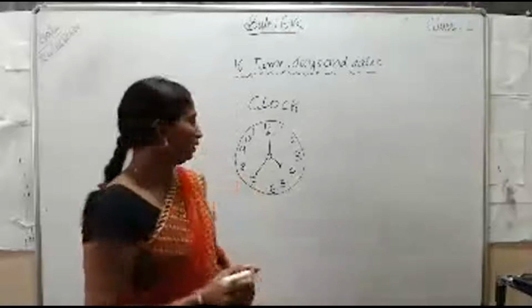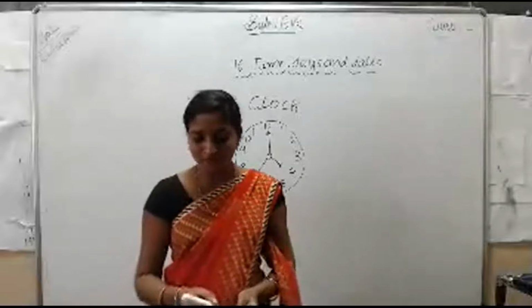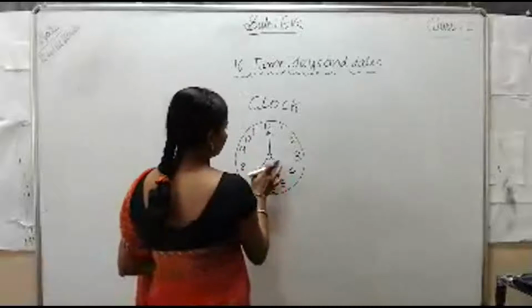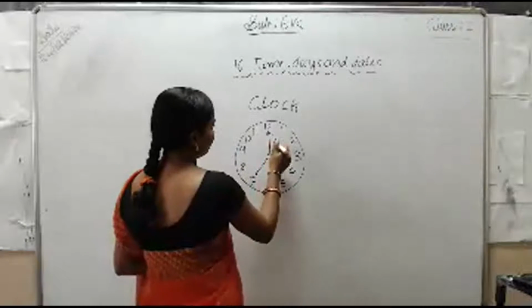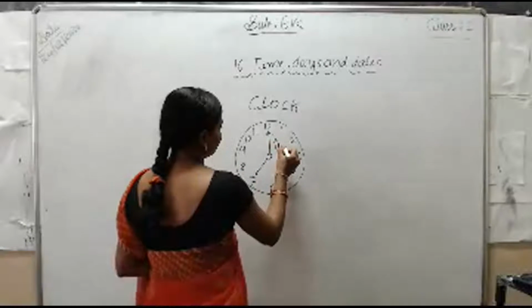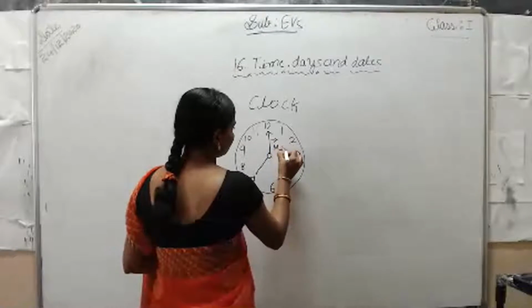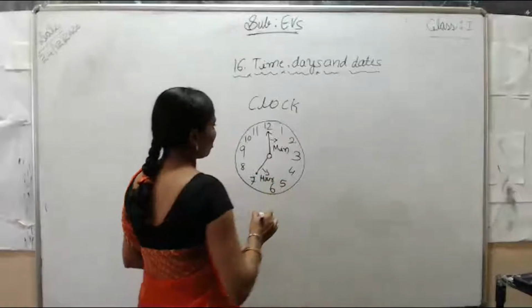What time will it be? What time will we get up in the morning? We have to show 7 o'clock. On the clock, the bigger hand will be the minute hand and this will be the hour hand.